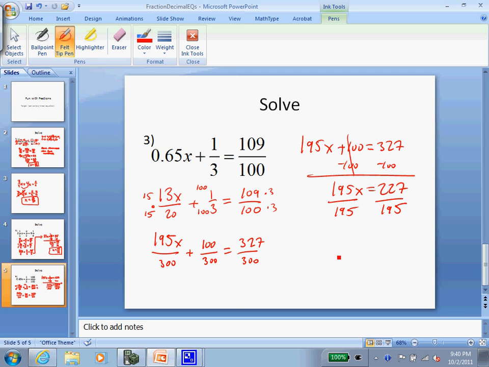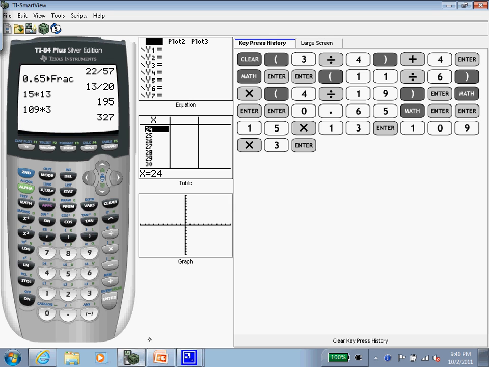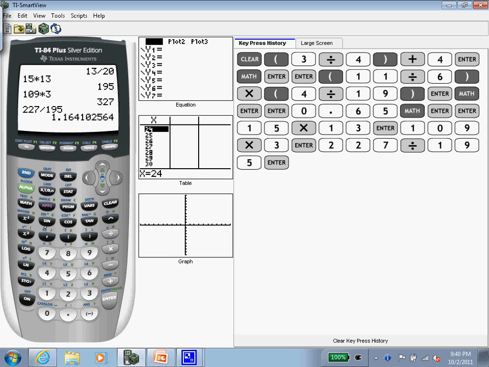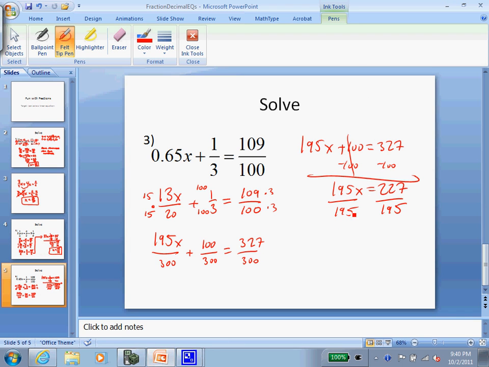Let's just check our calculator if the fraction reduces any further. I don't think it will, but it's always good to check. And we just see it is 227/195. So x equals 227/195.